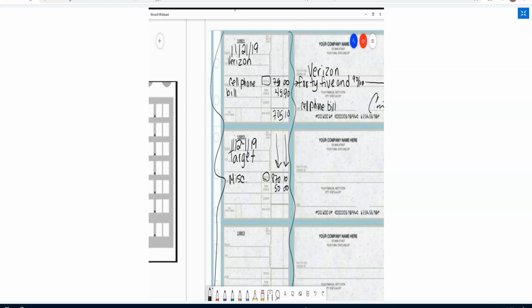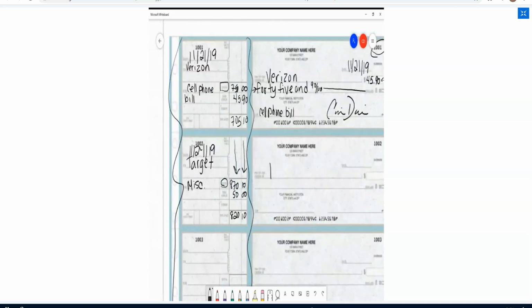There's no other. So, 8/20/10. Okay, so over here, we write Target. Oh, we gotta write the date first. Apologize. $50.